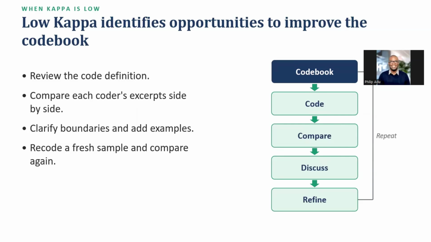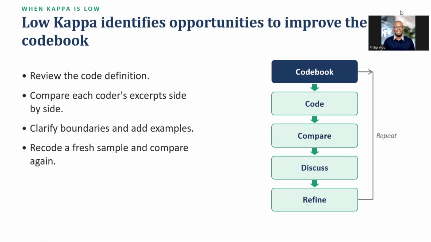And after making some changes to the code, you can apply the code book again to a set of transcripts, and then run the kappa again and compare. And then you also have a discussion about the results. And if there's anything that you have to do, you can refine it again and go through the process until you get an acceptable reliability score, right?